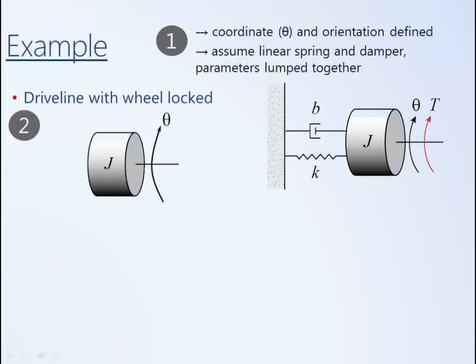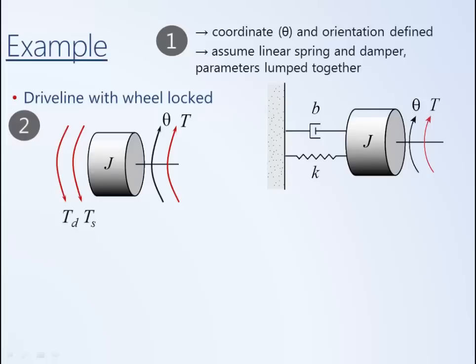Looking at our inertia, there's the externally applied torque, T, and then there will also be the torque generated from the spring, the twisting of the spring and the twisting of the damper. So there'll be a spring torque and a damping torque.